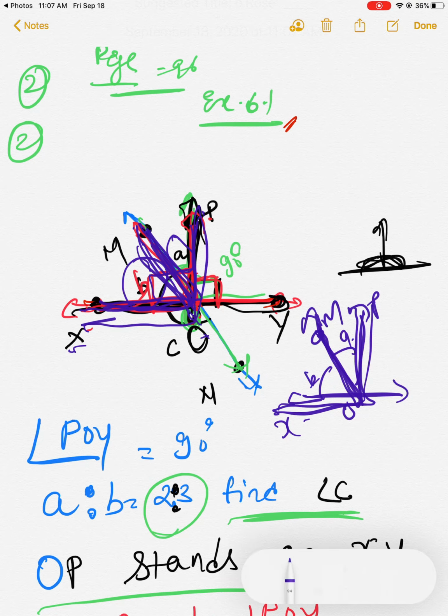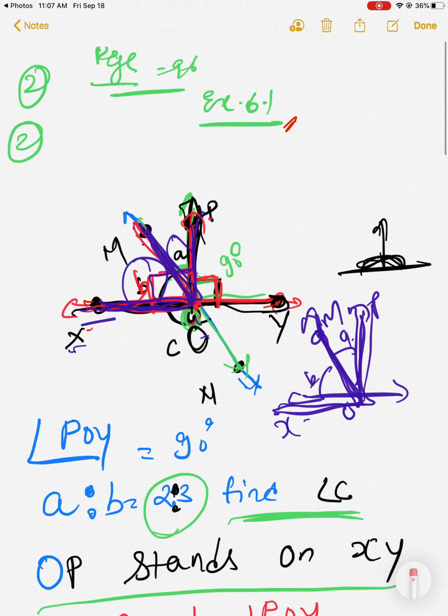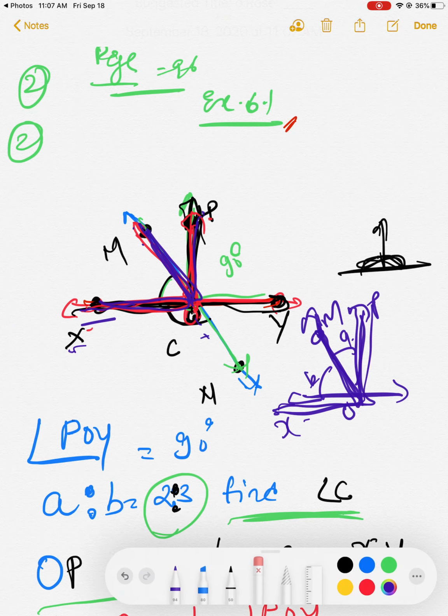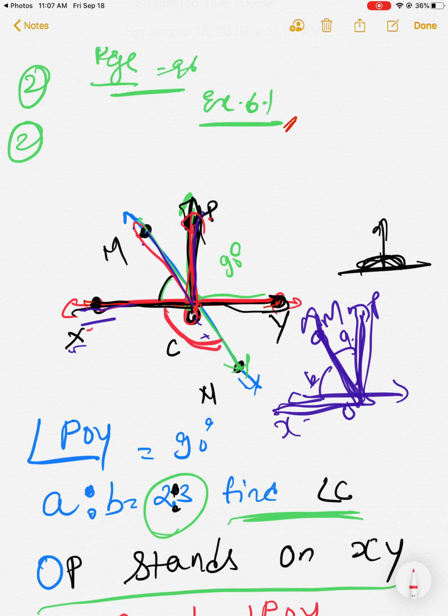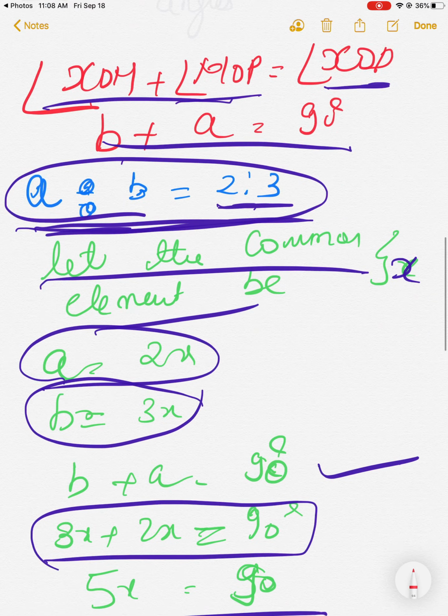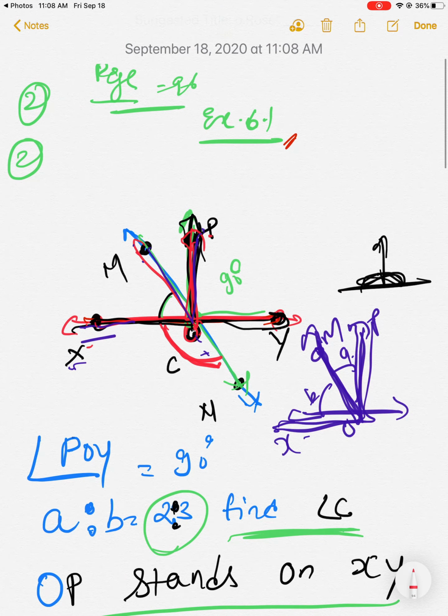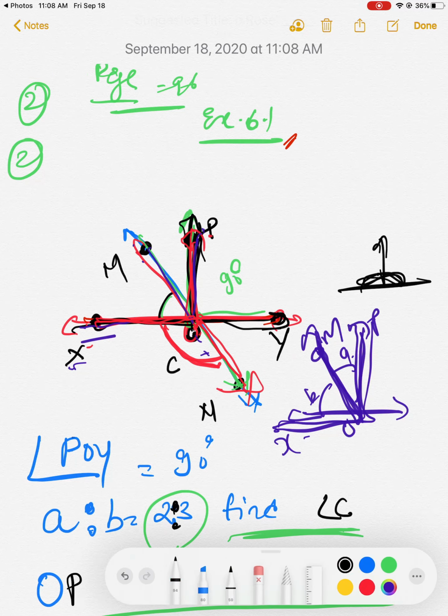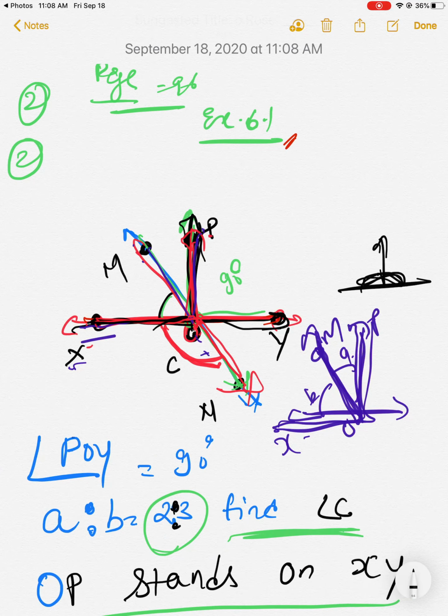Now what you see here, this angle is C. So how will we get this C angle? The C angle is nothing but XON.